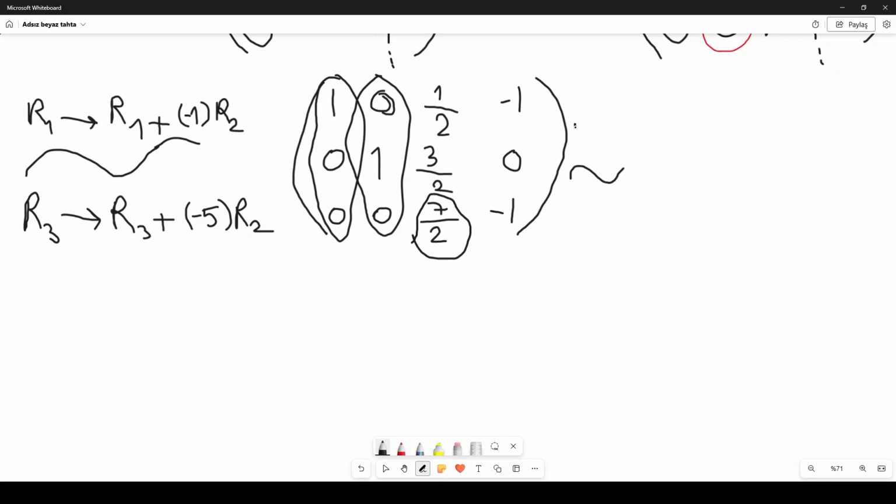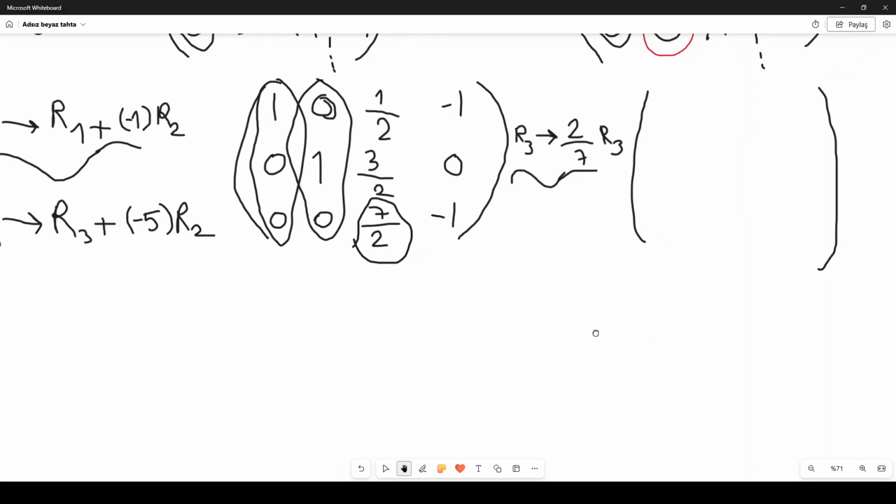I can replace row number 3 to gain the value 1 here. What should I do? It is simple. Just multiply that row by 2/7 and replace it by the result. Okay, so in this case, let's write it down again and move it a little to the right-hand side.